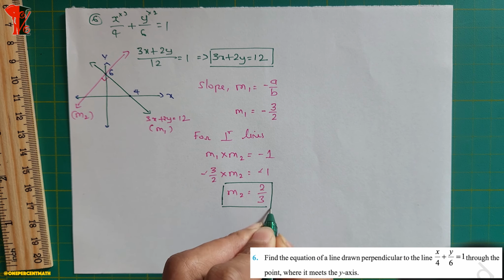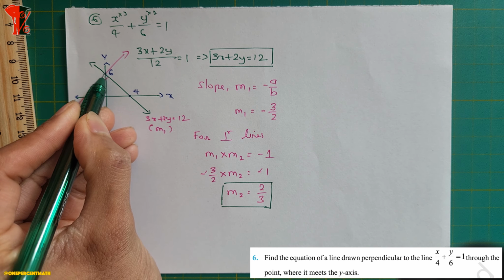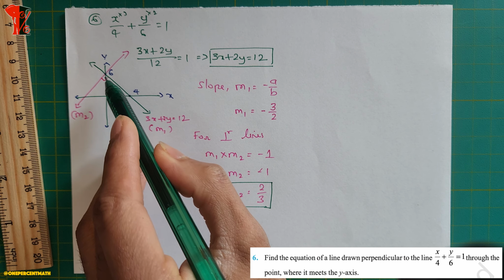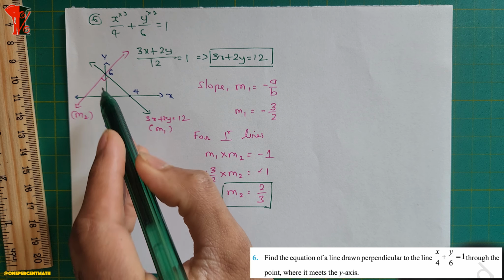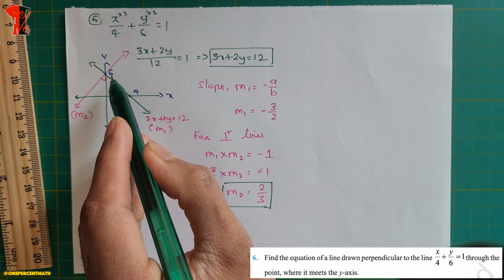Now next, we want a perpendicular line at the point of intersection of the line and the y-axis, right? That is this. It is 6, we already got it, correct?